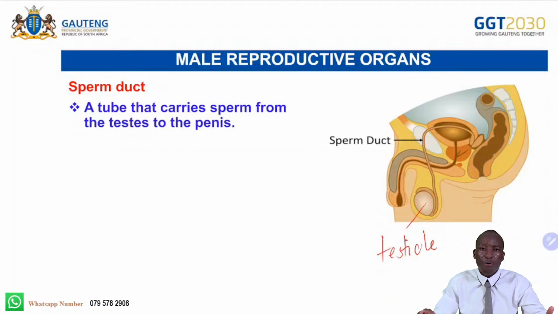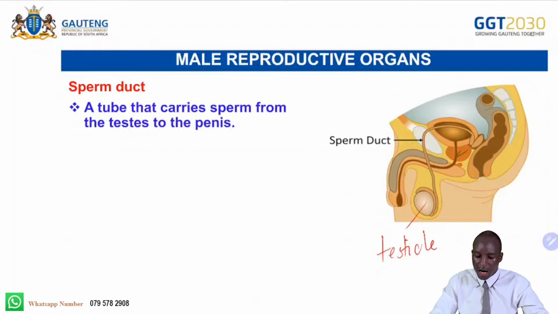Now, when the sperm is being released, it's supposed to be transferred from the testicle all the way to the penis. Remember, the penis is the one which is able to pass over the semen or the sperm to the female.